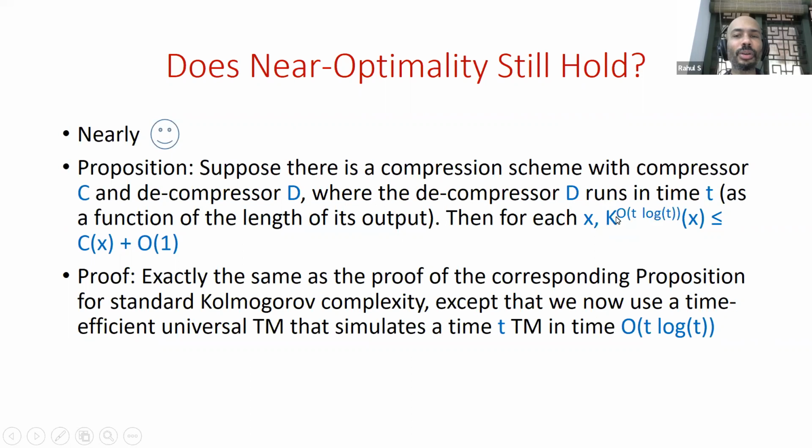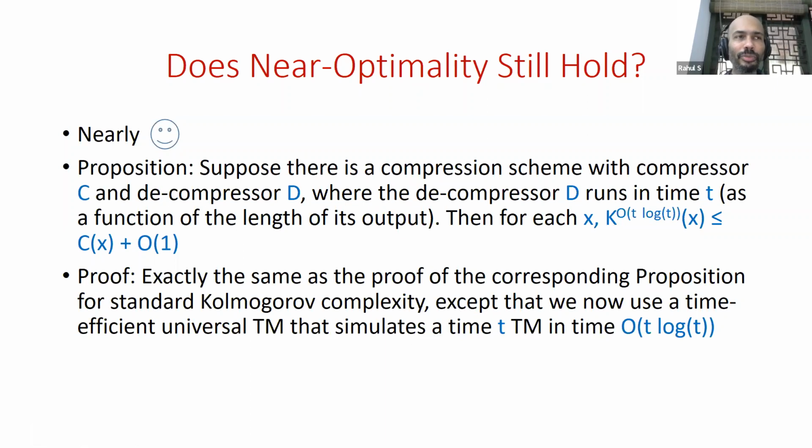By at least as good, I mean that the amount you compress by is at most a constant term away. And the proof is exactly the same as before for standard Kolmogorov complexity. We just need to use a time-efficient universal machine that can simulate a time-little-t Turing machine in time order of t log t. It's a well-known construction and I won't get into it, but that can be done. That's why I get this order of t log t term here.